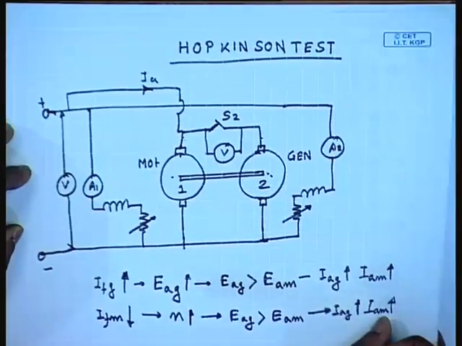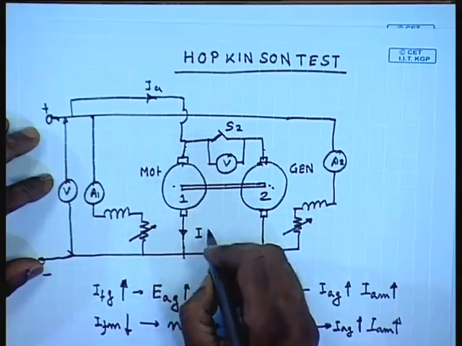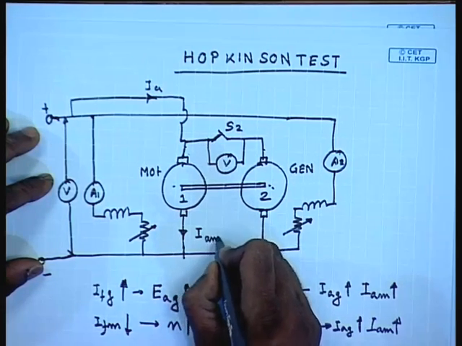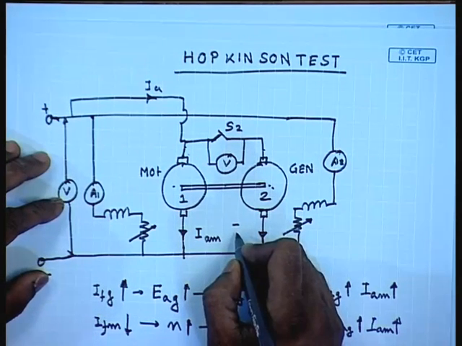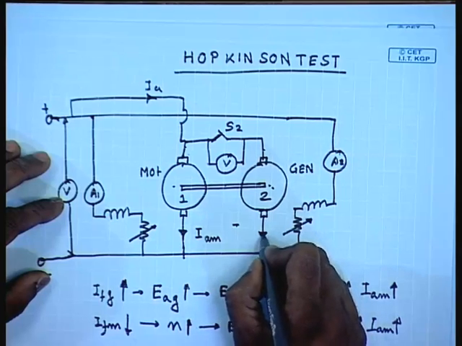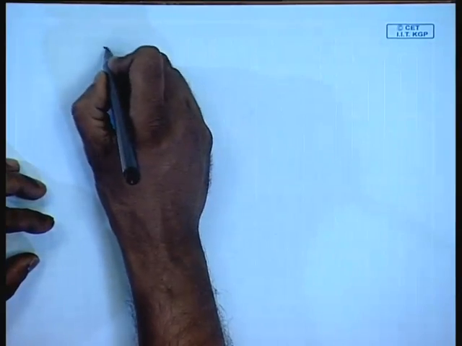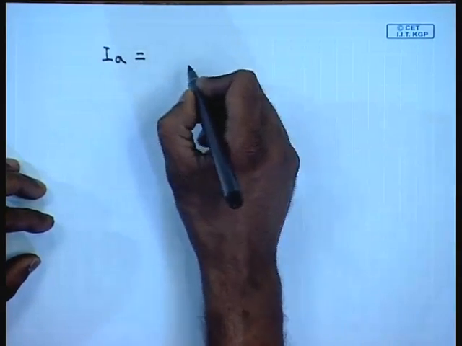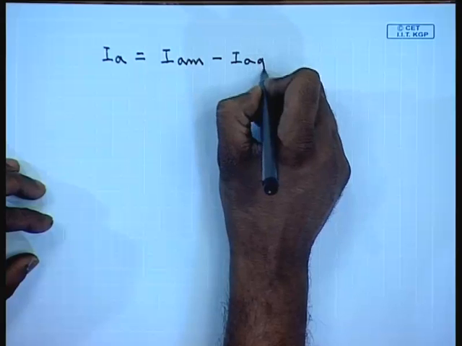In order to compute the losses, we note that if this is the motor current and this is the generator current, then we can write the net current drawn from the supply IA equal to IAM minus IAG.